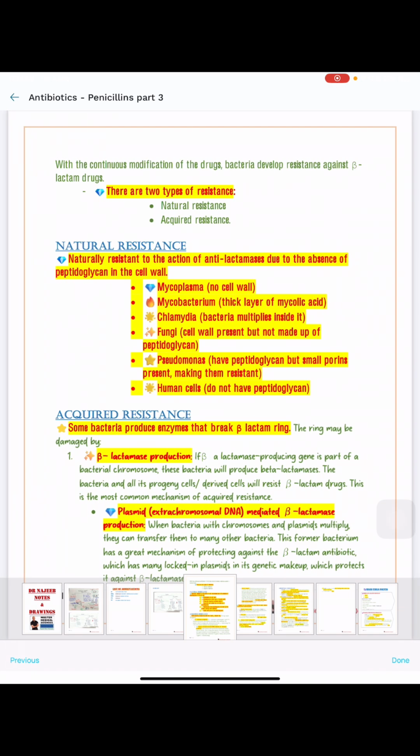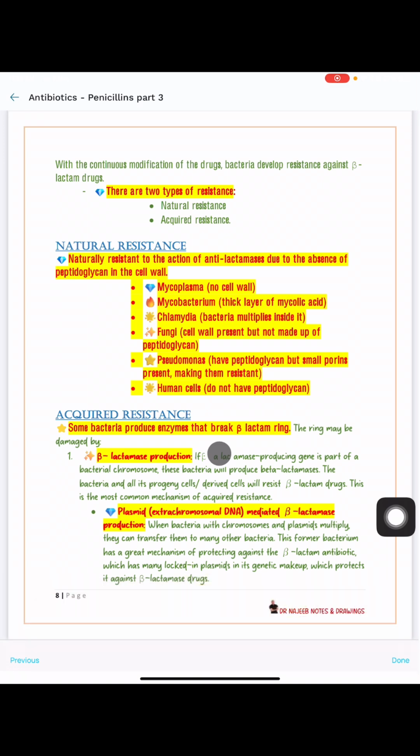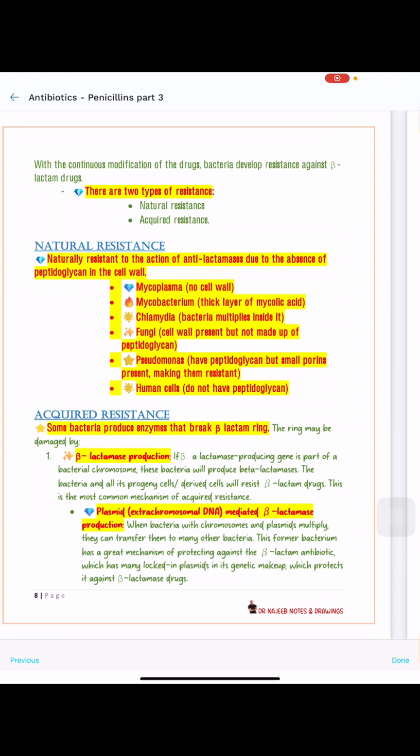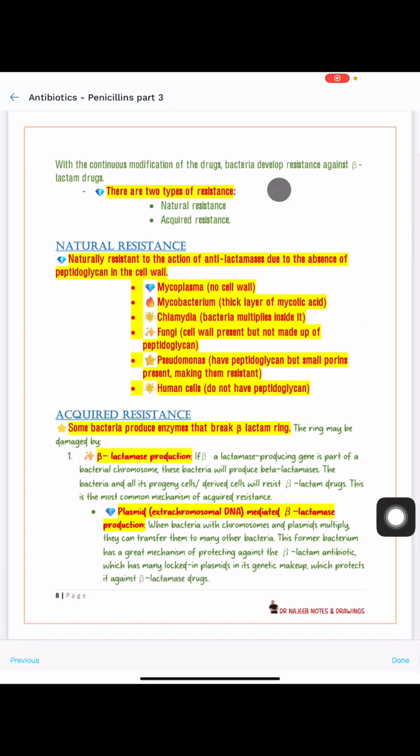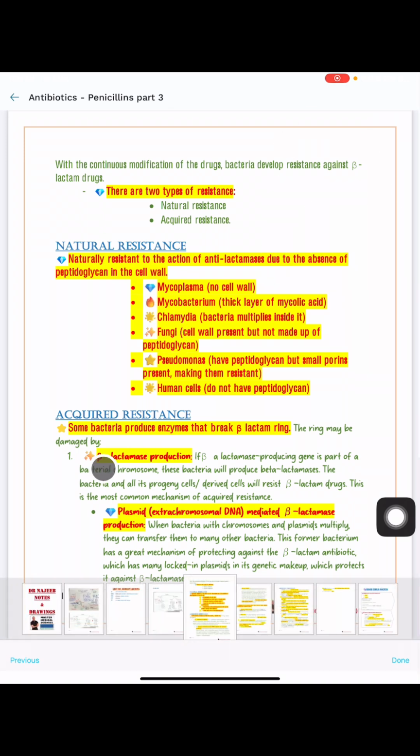What these penicillins, these beta-lactam drugs, do is they prevent the transpeptidation. They prevent the peptidoglycan layer formation in the bacteria. If a certain bacteria has to produce resistance against that particular penicillin, that means the penicillin should not destroy the organism.